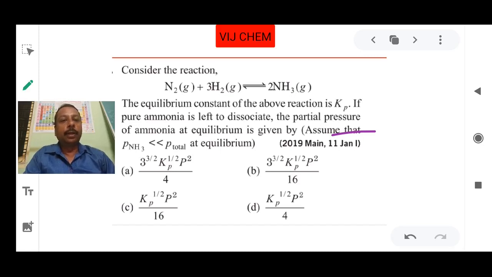Total pressure you have to take P, and the equilibrium constant of the reaction. If the pure ammonia is left to dissociate, the partial pressure of ammonia, PNH3, you have to find out in terms of Kp and P. P is total pressure, Kp is the equilibrium constant in terms of pressure. Okay, so start.